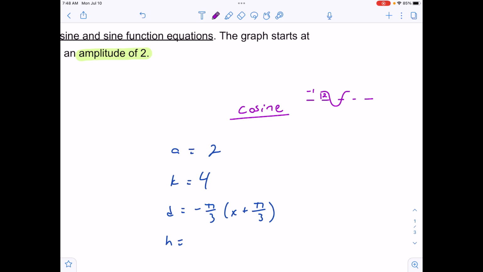Recall that in a cosine function, the max is equal to the midline plus a. We know our max is negative 1. We need to know our midline or our h value. And we know our a is 2. I can rearrange here to solve for h, which is going to be negative 3. So if my maximum is at negative 1 and it takes 2 for me to get there, then the midline of my function is negative 3. So I'm going to drop a negative 3 for my h value.